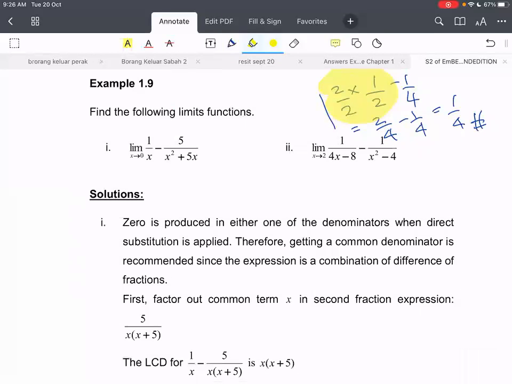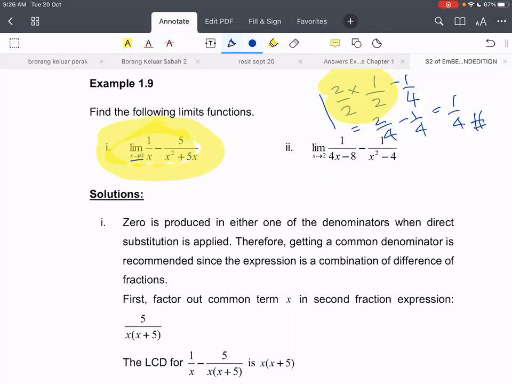So let's say example 1.9. Okay, it's just that this time it plays around with more variable x. Now, if you look at example 1.9, 1 Roman, you need to find limit x approach to 0, 1/x minus 5/x squared plus 5x.